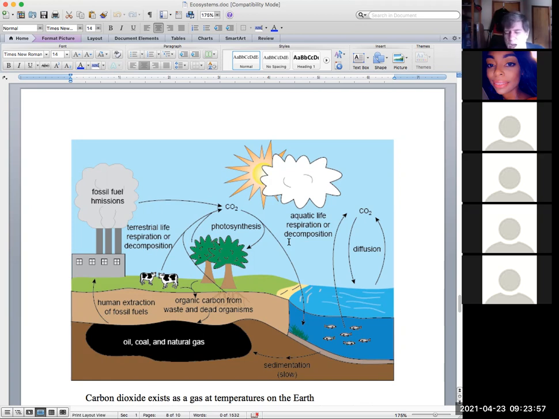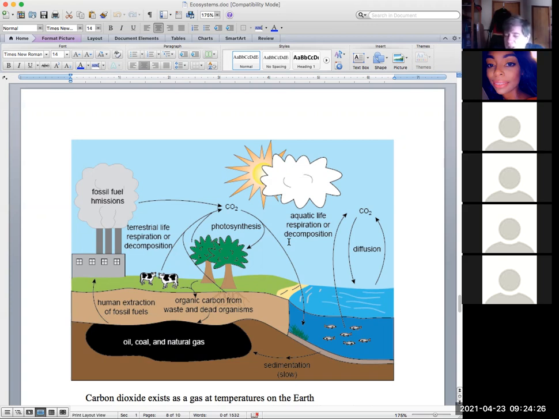In a lot of swamps and marshes and bogs, when living organisms die, they fall into the water, and the water in most swamps and marshes and bogs is very stagnant. And because it's very stagnant, and because living organisms are constantly dying and falling into it, the oxygen levels are very low in the water in swamps and bogs. Why? Because living organisms have been falling into this water.